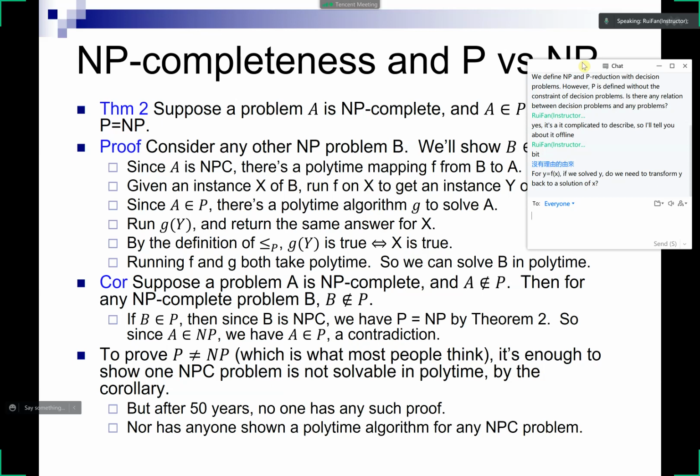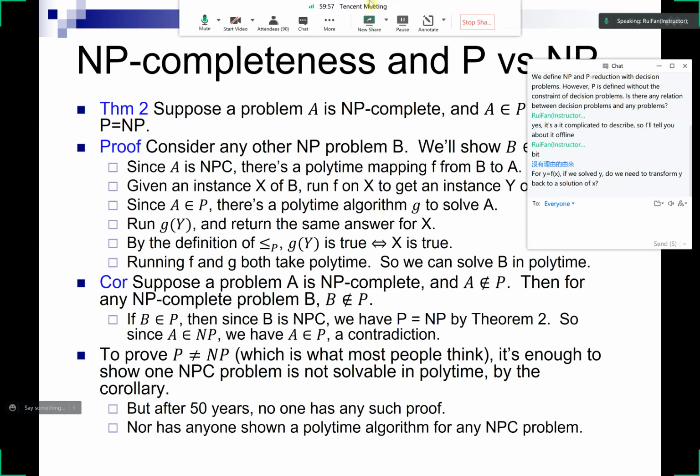But if I can answer all of these questions, then I can use some sort of binary search approach to actually find a factor. So as long as I can answer the decision version of this problem, then in many cases I can also answer the search version of the problem.